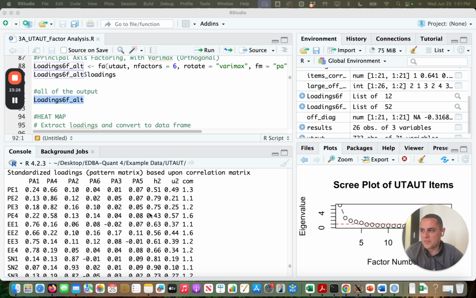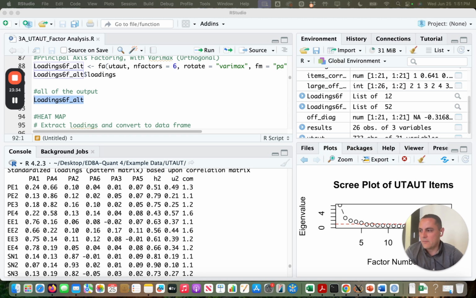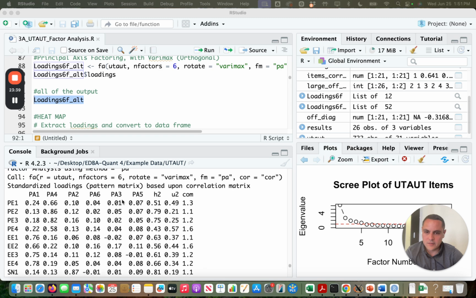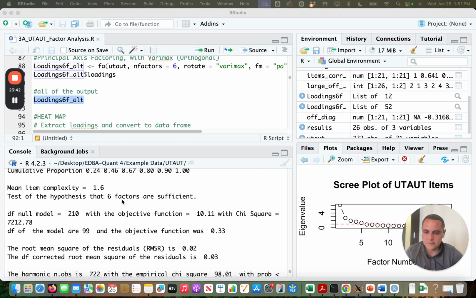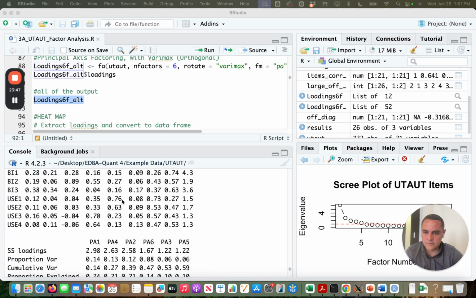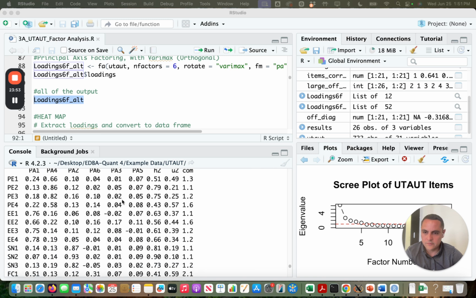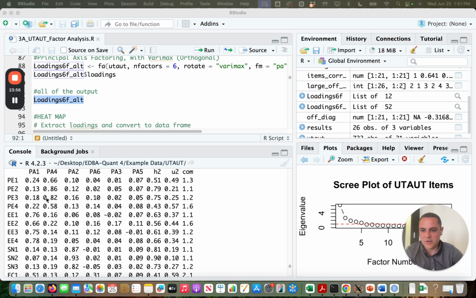There's a number of different elements that we could look at and pick at. You have standardized loadings here, and you can see what the different values are.